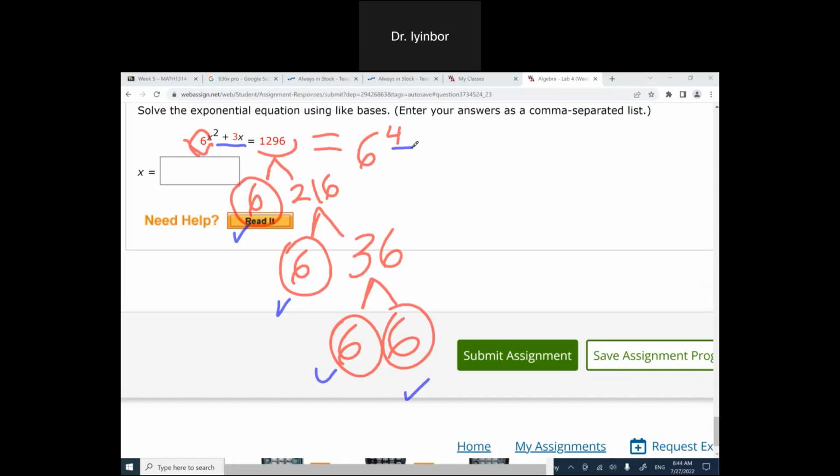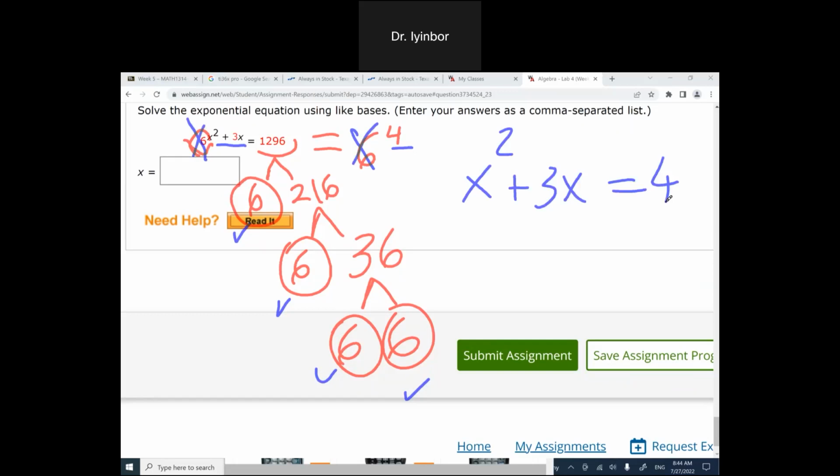Now we get the same bases, so I'm going to cross out the 6. So this 6 disappeared, this 6 disappeared. I need to solve x squared plus 3x equals 4. We're setting the exponents equal to each other. Now, this is a quadratic equation.